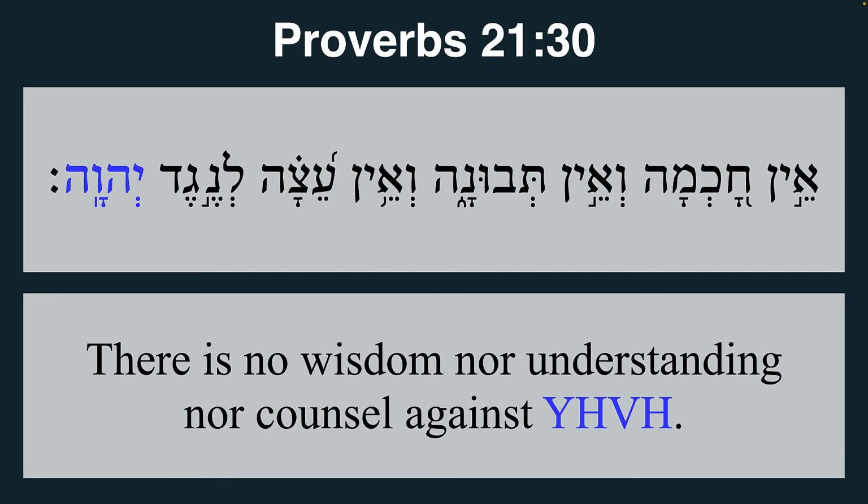You see, in this verse in Proverbs, we read that there is no wisdom nor understanding nor counsel against the Lord. Ein chokhmah ve ein tevunah ve ein etzah leneged Adonai. You simply can't figure out a device or counsel or come up with a plan, however wise, against the Lord. It ain't gonna work, right?